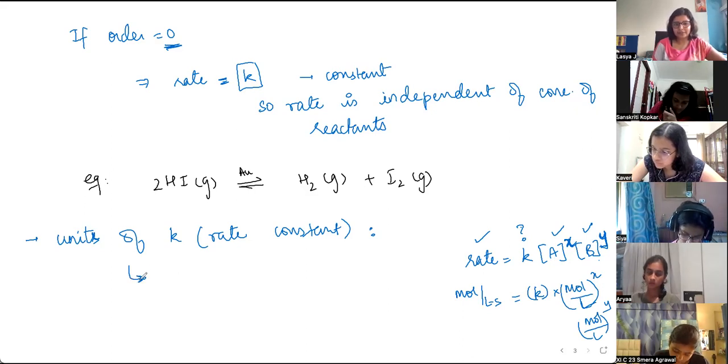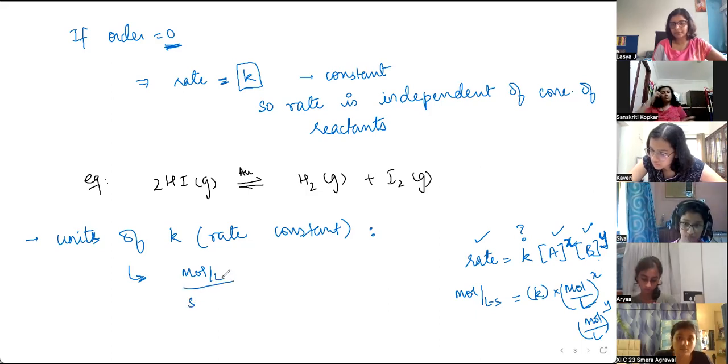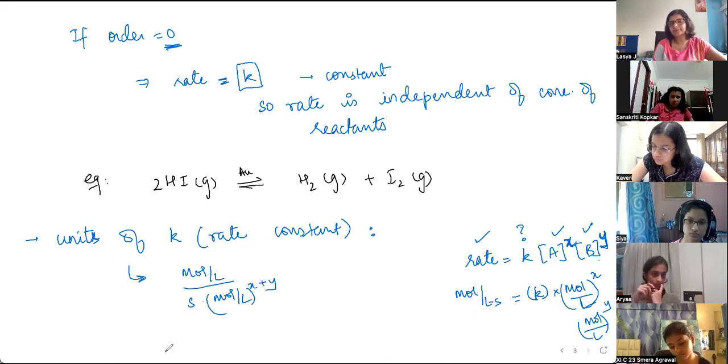the unit will be mole per liter per second divided by mole per liter raised to the power x plus y.